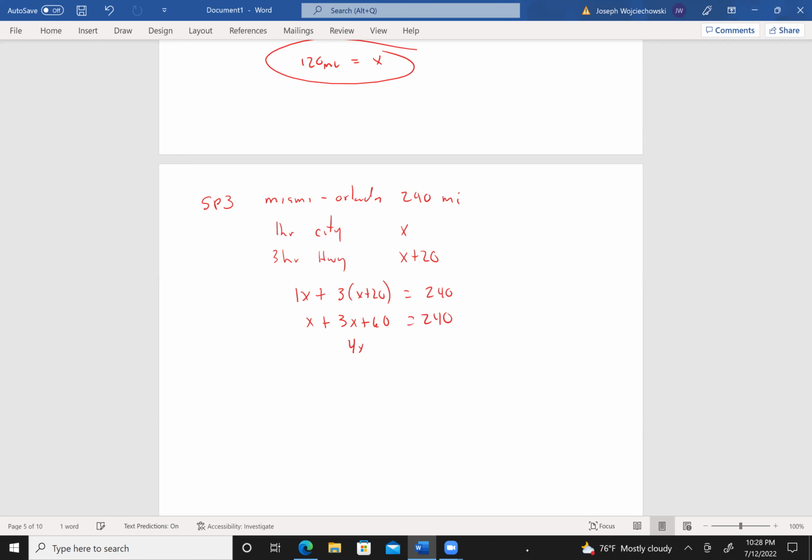So I have 4X plus 60 equals 240. Subtract the 60 from both sides. Then divide by 4 and we get 45 miles per hour. That's in the city. So 45 miles per hour in the city, 20 plus 45 is 65 miles per hour on the highway.